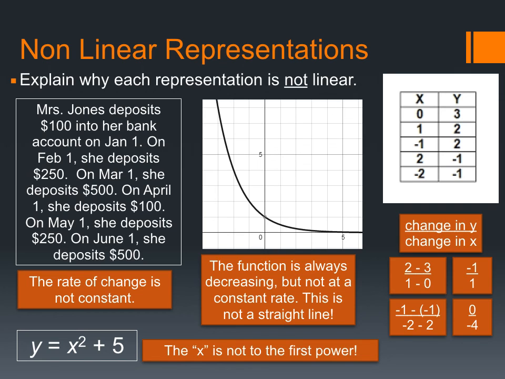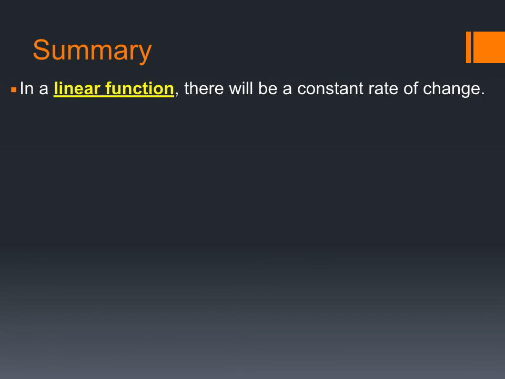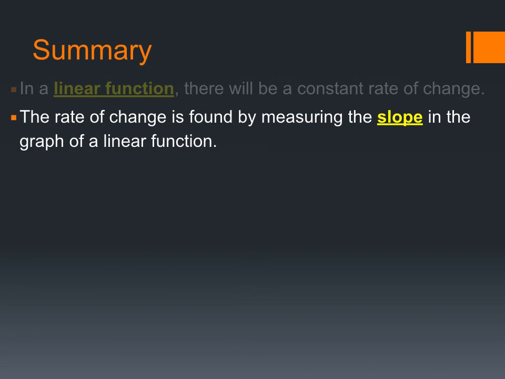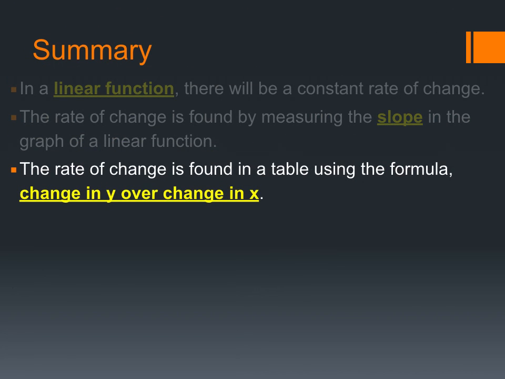So a summary of what we've learned here. In a linear function, there will be a constant rate of change. The rate of change is found by measuring the slope in the graph of a linear function. And the rate of change is found in a table by using the formula change in y over change in x.